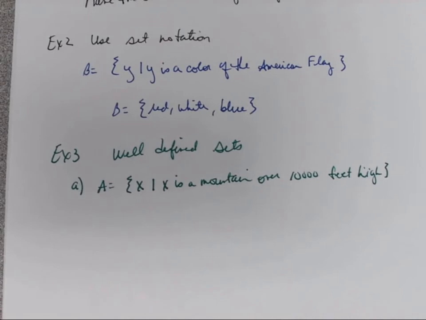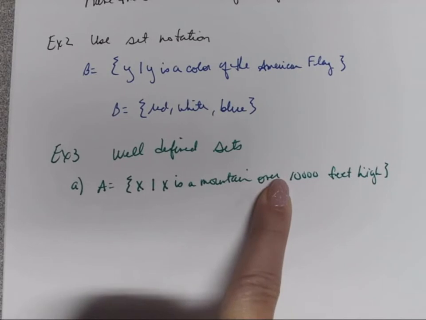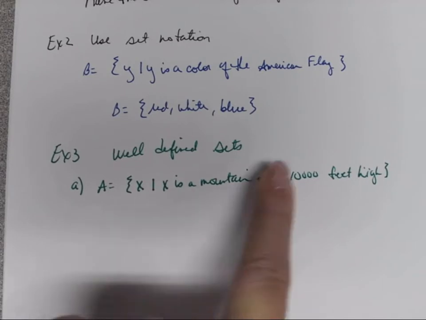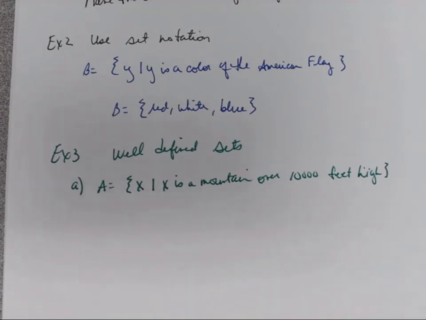Is that well defined? Well, it's very specific in that it has to be 10,000 or higher. So there is something that qualifies it. If the mountain is under 10,000 feet, it's not in this set. But if it's over 10,000 feet, then it would be in this set. There is something you can quantify at 10,000 feet. It's either above it or below it, and you can decide that. So this one is well defined.